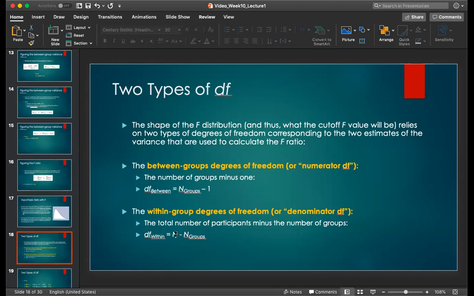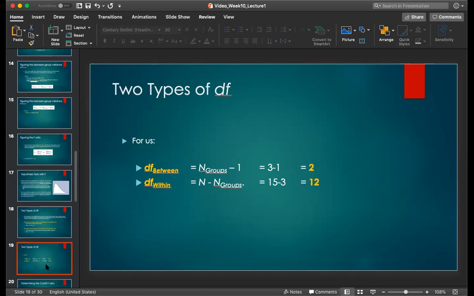So in this case, 15 participants minus 3 groups equals 12. Right, so here that is. Degrees of freedom between, number of groups minus 1, 3 minus 1 equals 2. Degrees of freedom within, total sample size minus the number of groups, 15 participants minus 3 groups equals 12 for the degrees of freedom within.